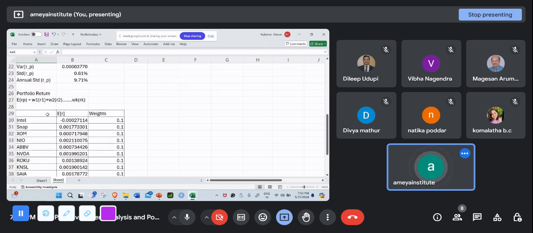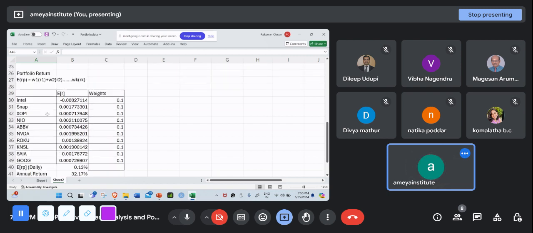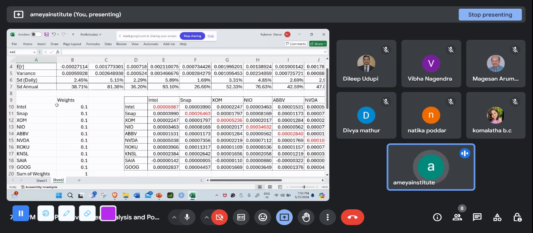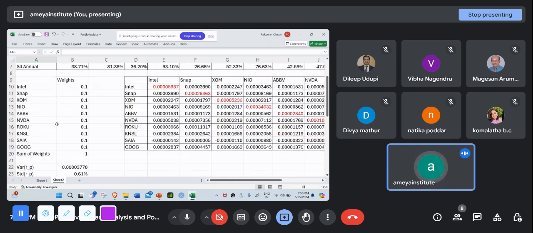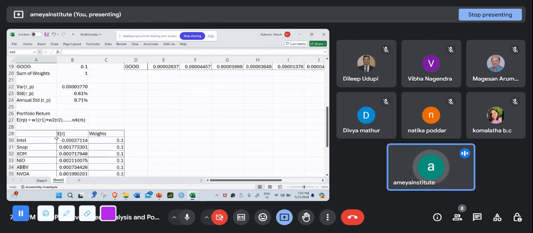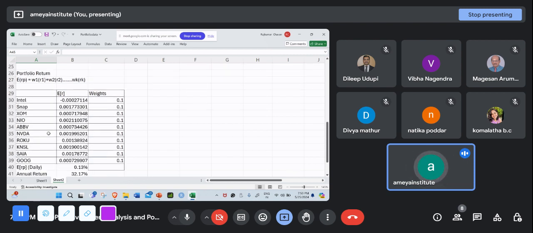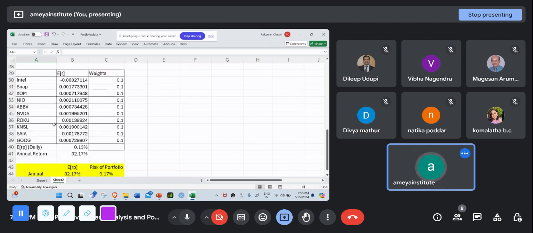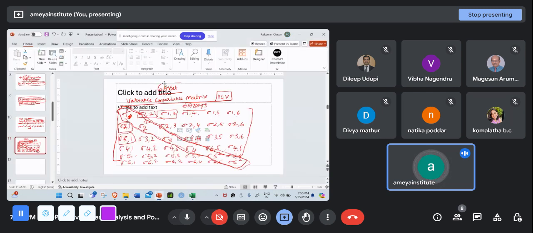That is by considering each asset with equal weight. You can assign any weight, and according to that you can change the weight and get the answer. So this is available with us only. That's what we were trying to do from this.